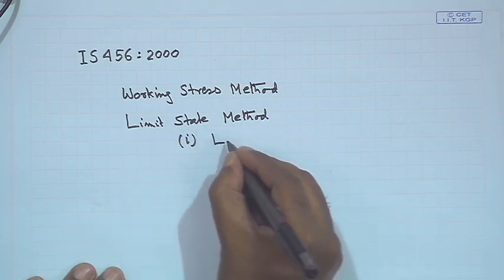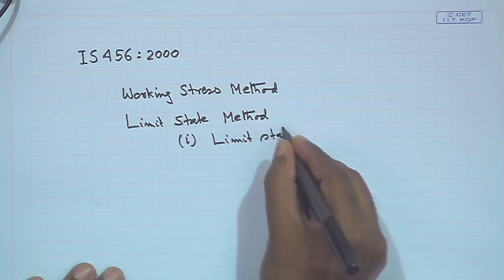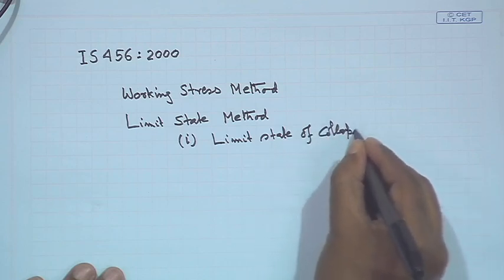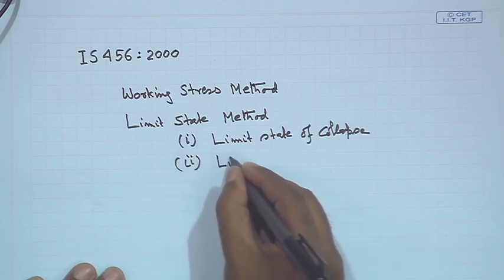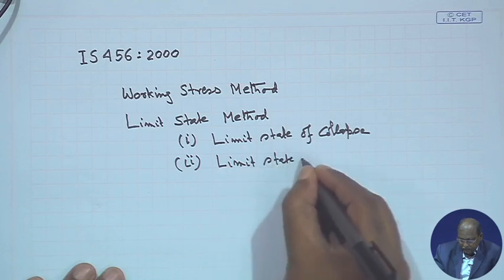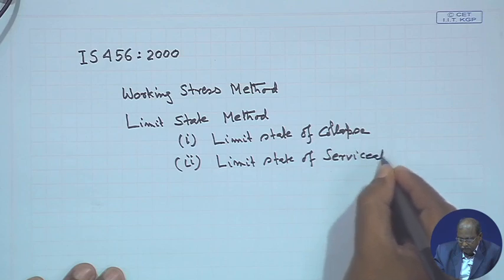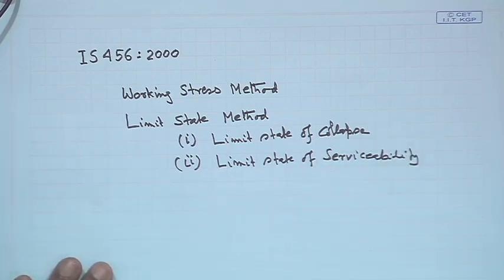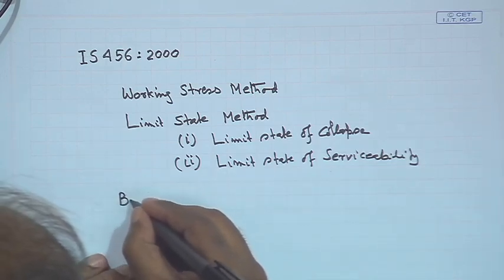One is limit state of collapse, and number two, limit state of serviceability. Considering this, we have designed the beams.